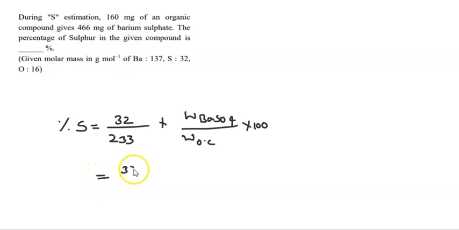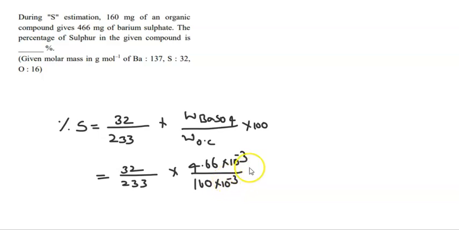That will be equal to 32 by 233 into weight of barium sulfate 466 into 10 to the power of minus 3 grams by weight of organic compound 160 into 10 to the power of minus 3 into 100. If I do the calculation, you get 40% here. 40 is the correct answer for the given question.